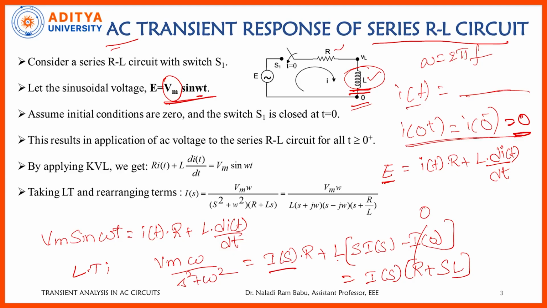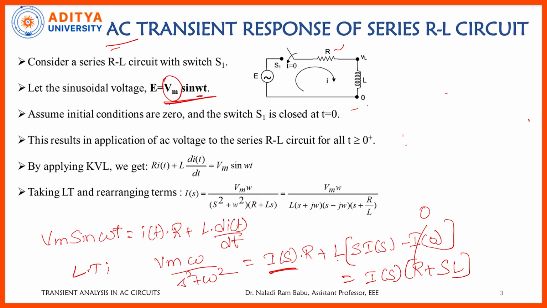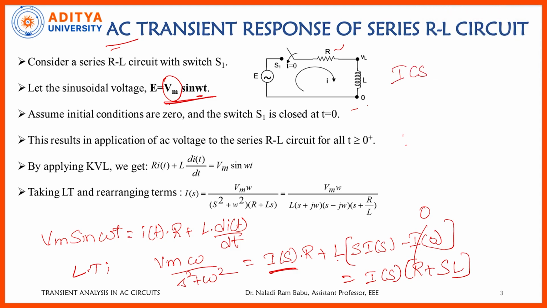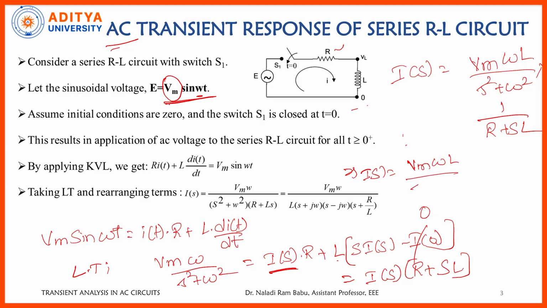Now if I write the I of s expression alone, I of s is equal to, taking R plus SL to this side, Vm omega L divided by s square plus omega square into 1 by R plus SL.